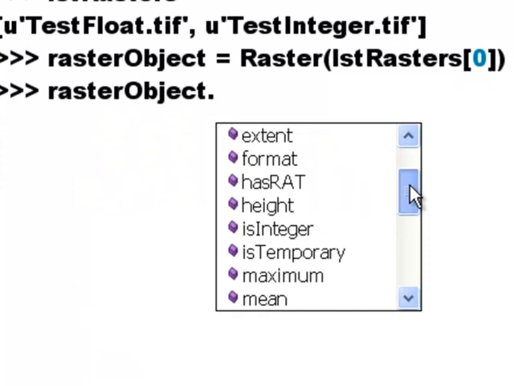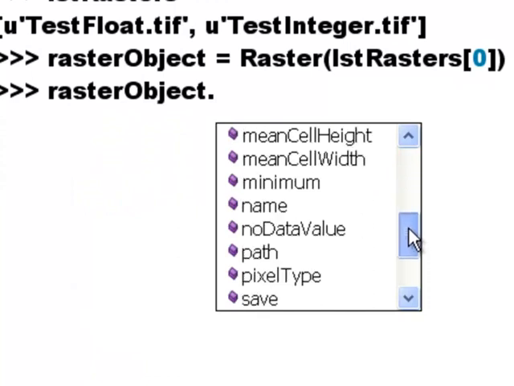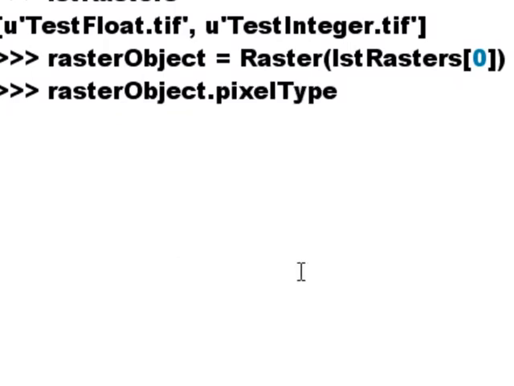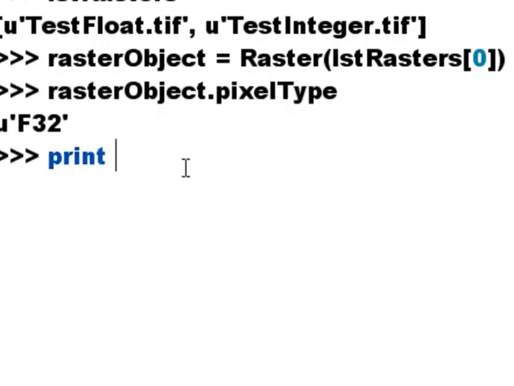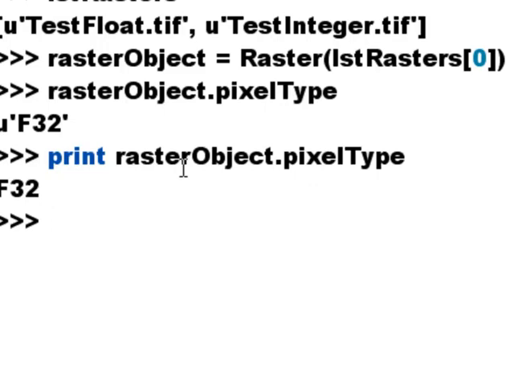What's the pixel type of this first raster object? The pixel type is F32. We could print that pixel type because it's a string. So it's floating point 32-bit. It's not possible to create a raster attribute table if a raster is a non-integer raster.